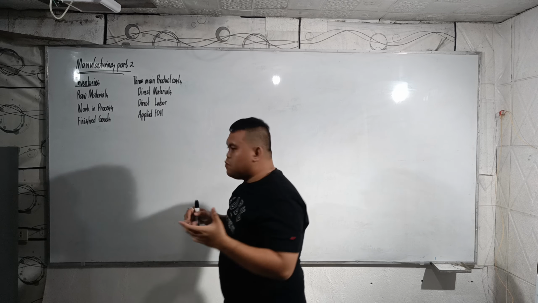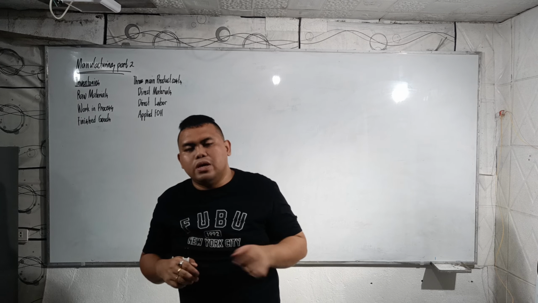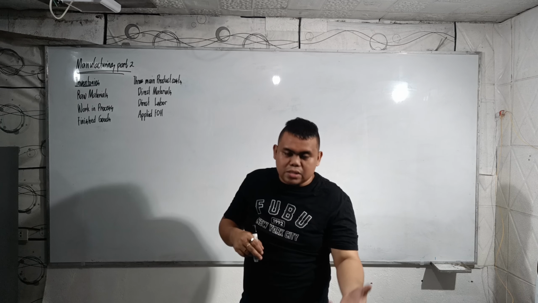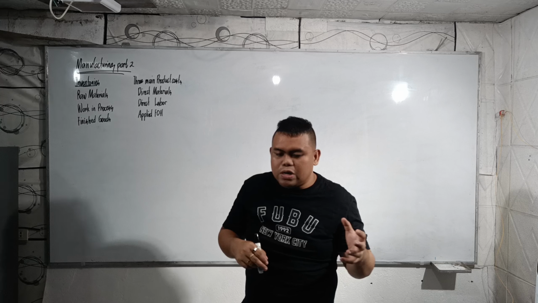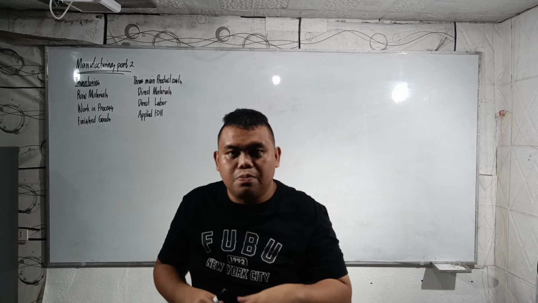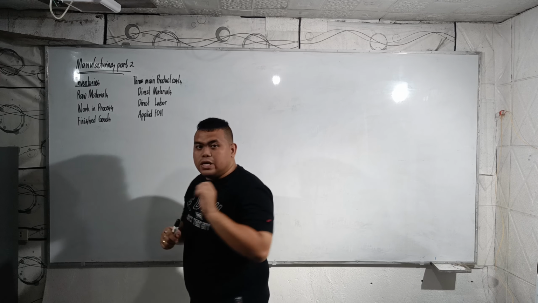And we have the factory overhead, which could be indirect materials, which could be indirect labor and other items, which are not directly traceable to the products themselves or the end product of our company, but are very necessary for the production process. So I have given you examples of the factory overhead already.